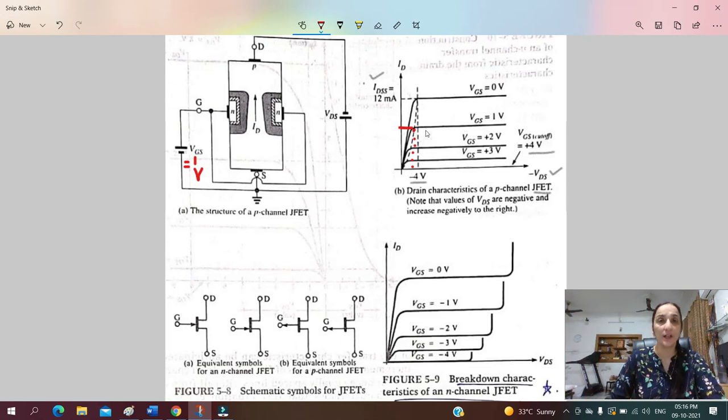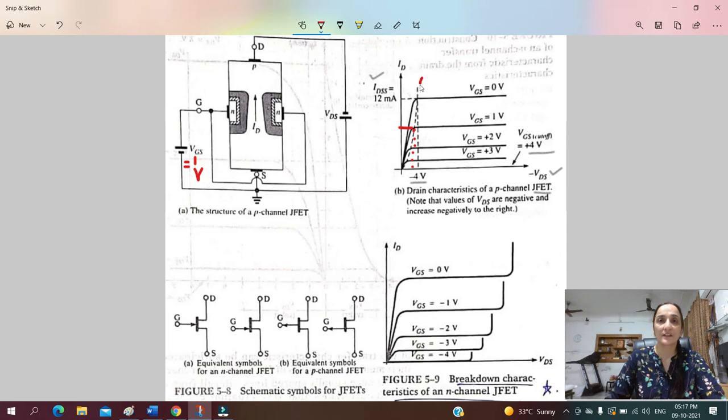So when the externally applied reverse bias voltage increases, the resistance will also increase. So this will make the drain current smaller in amount.